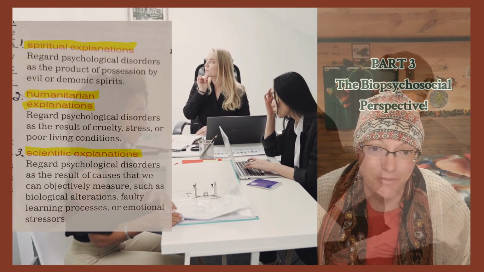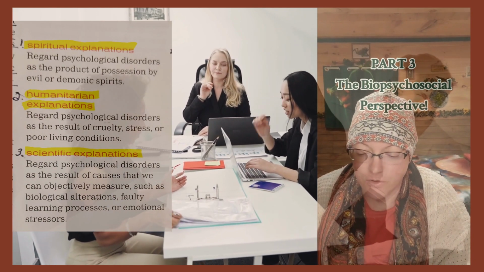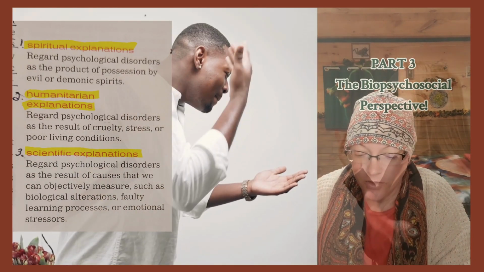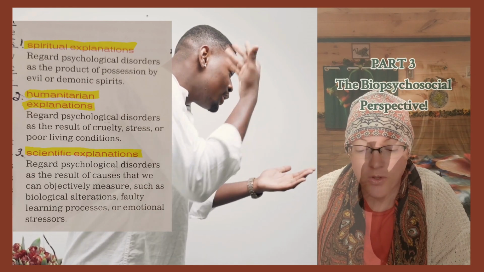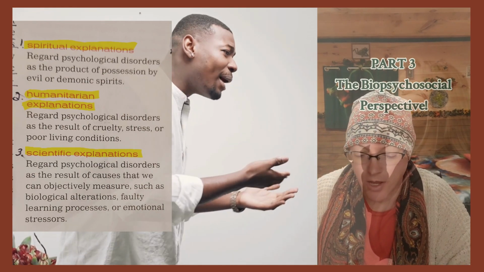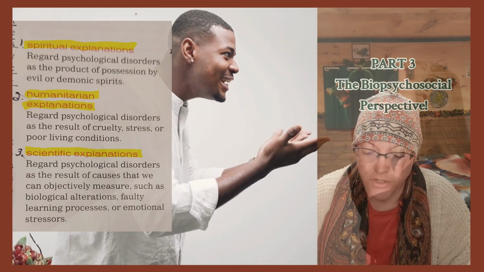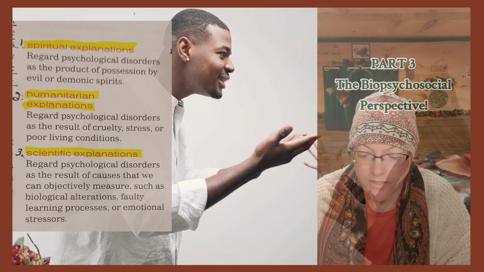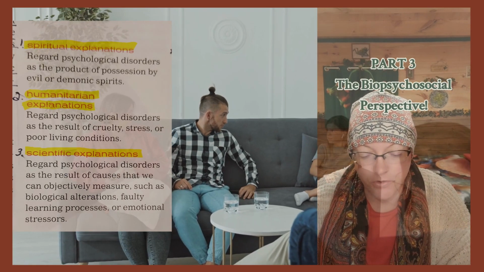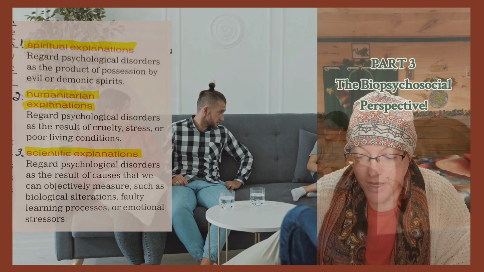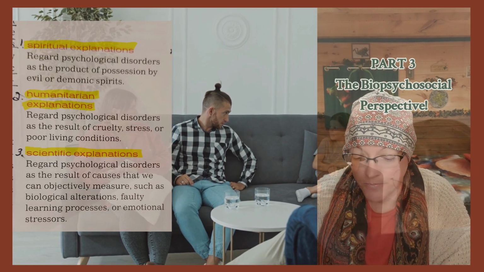So we're going to get a little bit of a history lesson here. So to start out with, we're going to talk about the biopsychosocial perspective, okay? Disturbances in any of these areas of human function can contribute to the development of a psychological disorder.